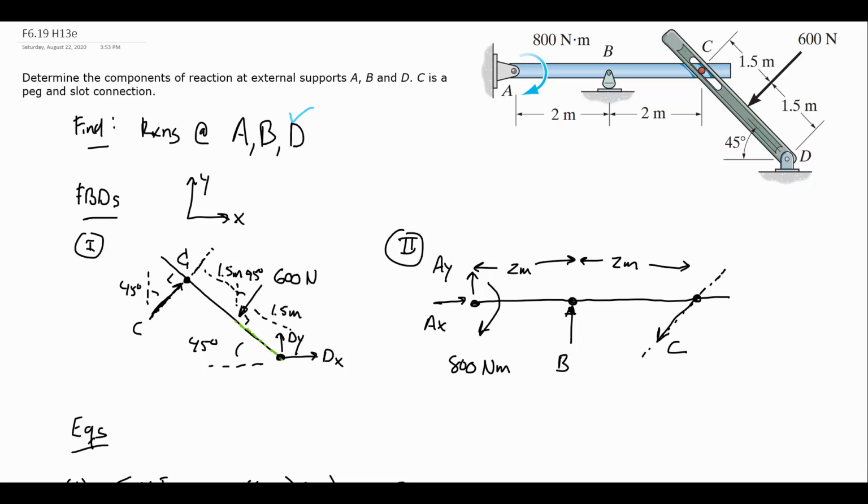Because forces act equal and opposite, in picture 2, I'm obligated to have the opposite, because really what that C force is, is what member CD is doing to ABC. So whatever ABC does to CD will be the opposite of what CD does to ABC. So this internal force C must be drawn down and to the left.